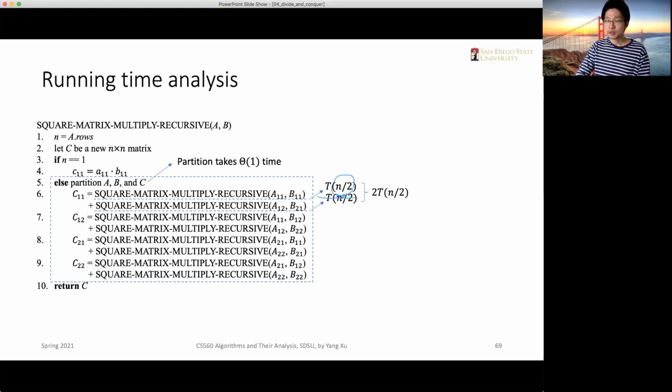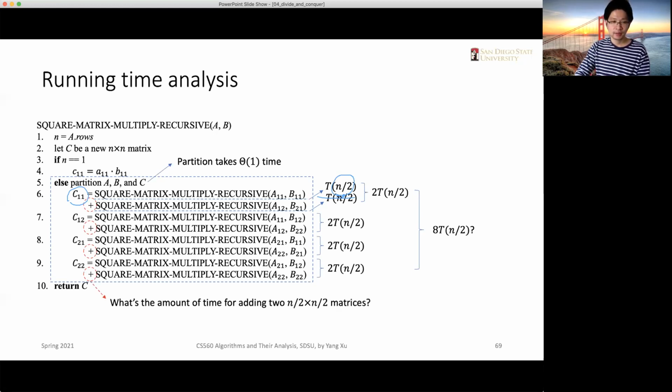So that is 2 times T of n over 2. That is the cost for computing capital C11, because C11 is the summation of 2 subproblems. And also for C12, C21, C22. That in total should be 8 times T of n over 2.